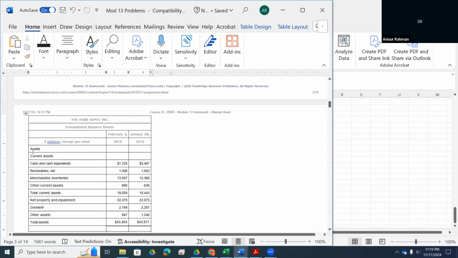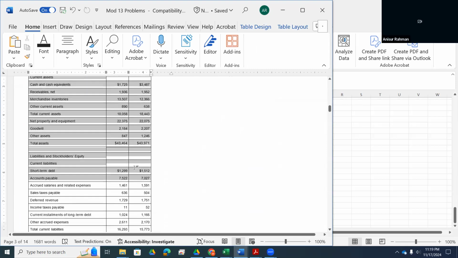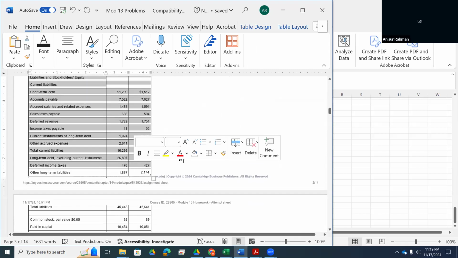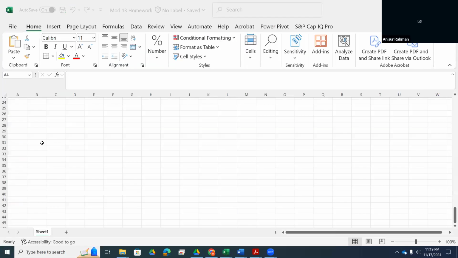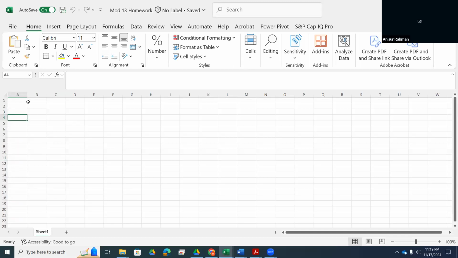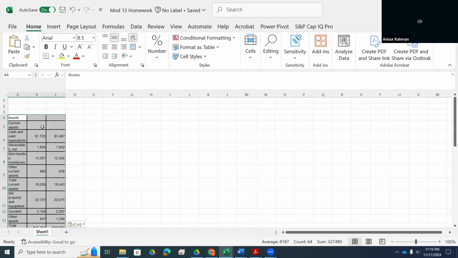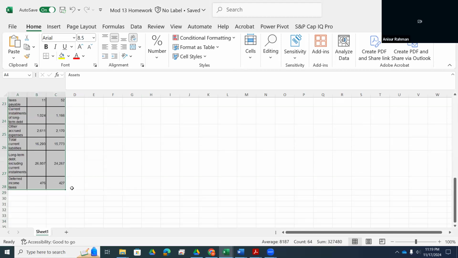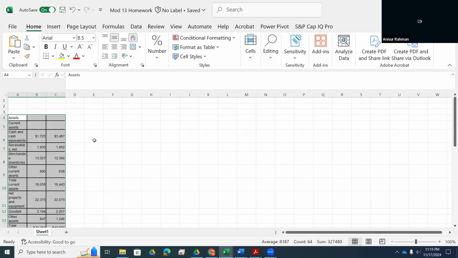I will copy from here up to this, Control C. And I'll keep some rows empty. So it looks nice.